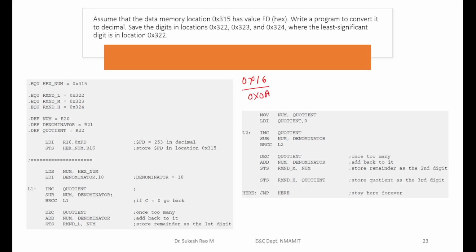A is actually 10. So you have to perform this division, and once you do, you get a quotient and a remainder. This is 16, so let it go 2 times. I guess it is 2 times, not 1 time.